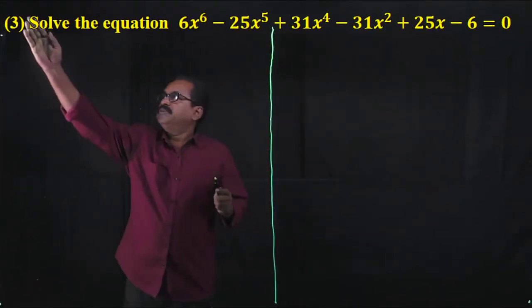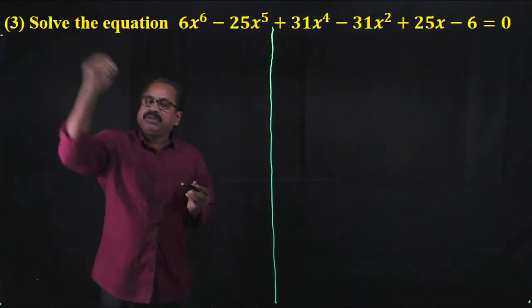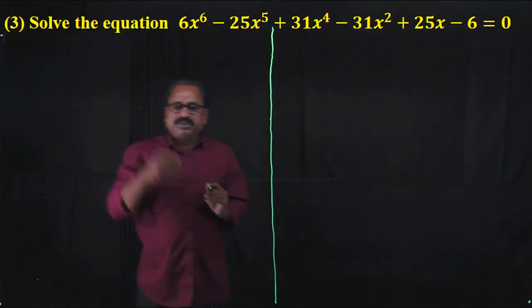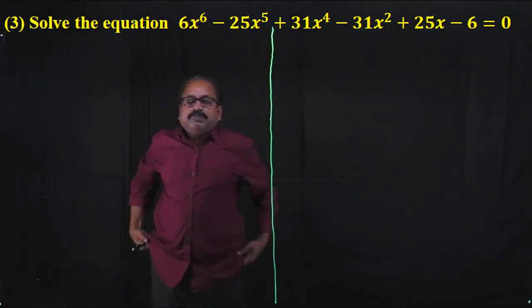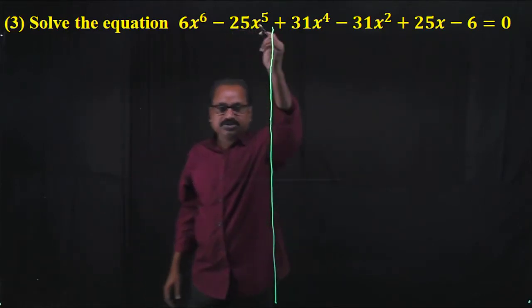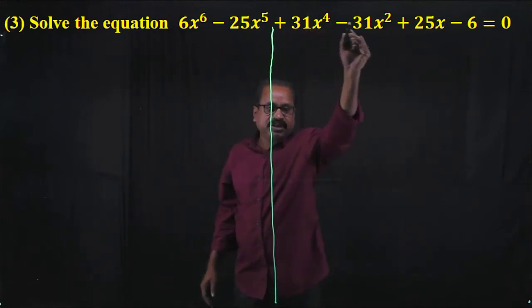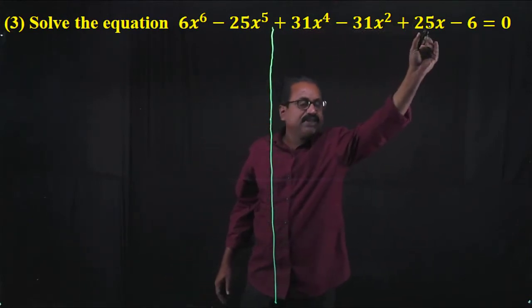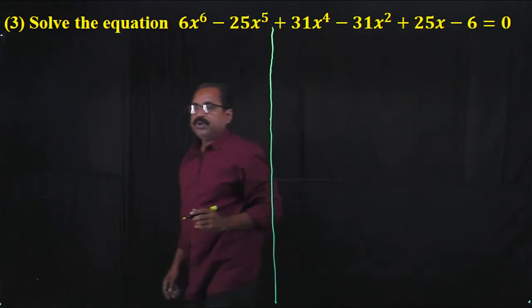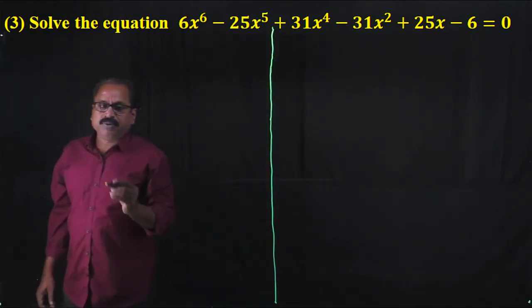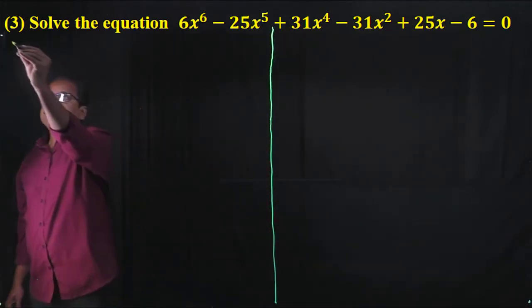Now the third problem is: solve the equation 6x power 6 minus 25x to the power of 5 plus 31x to the power of 4 minus 31x square plus 25x minus 6 is equal to 0. This is a very, very important problem for theory of equations.